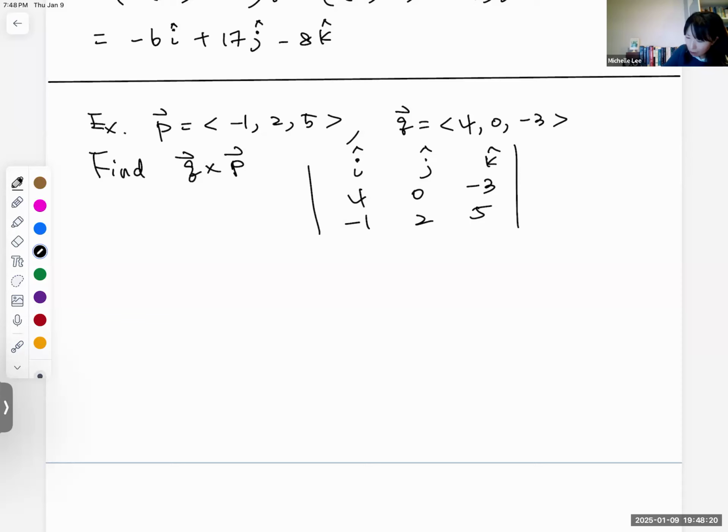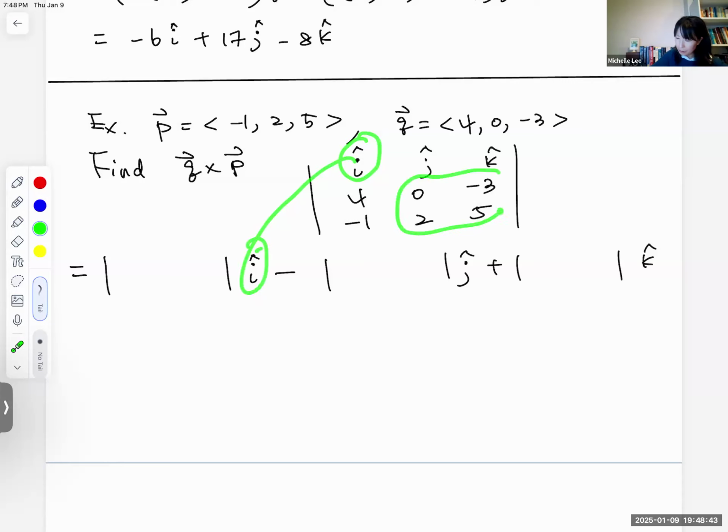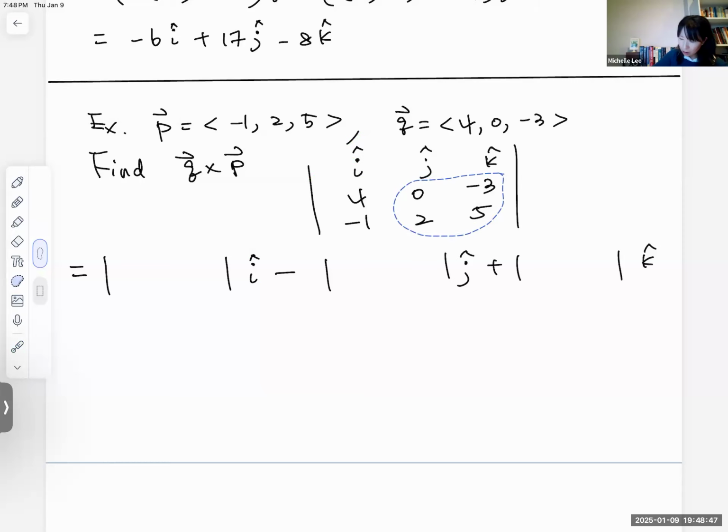All right, then i, j, k, right? All right, so we, pointing. Yeah. We factor with i. That means we are using this number, this vector.